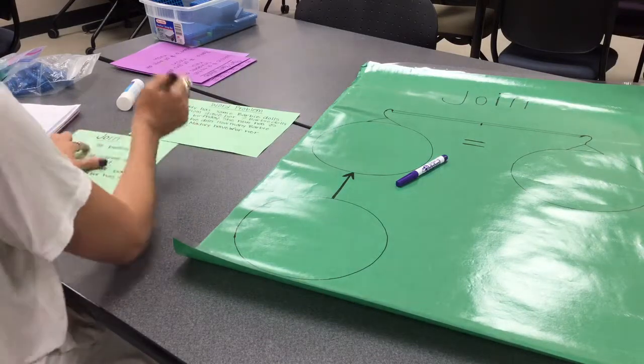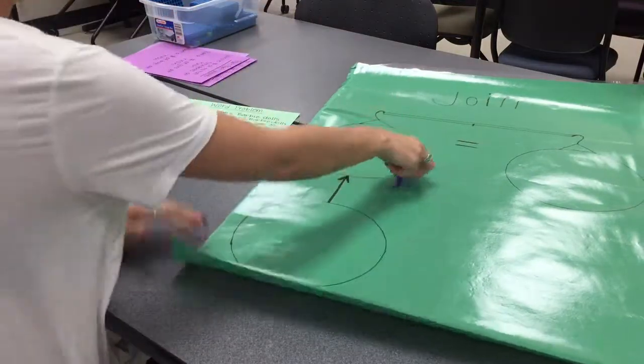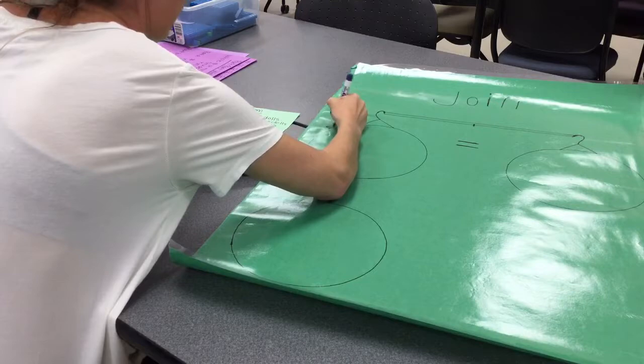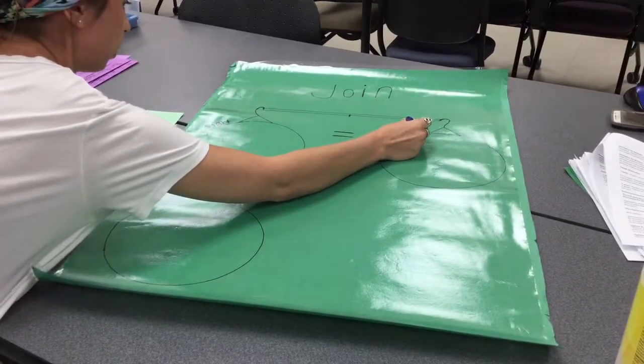And so the start is the unknown, and we know that she got 7 for her birthday, and she ended up with 25.